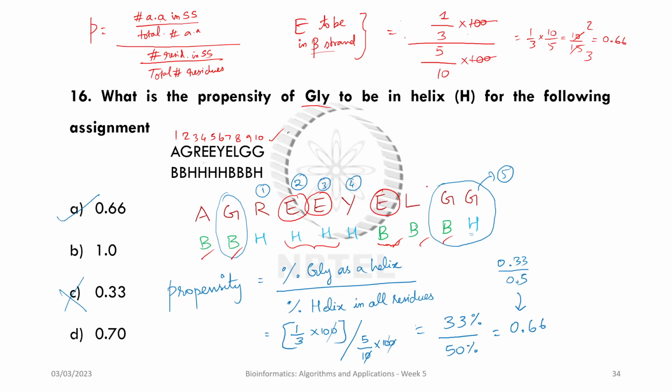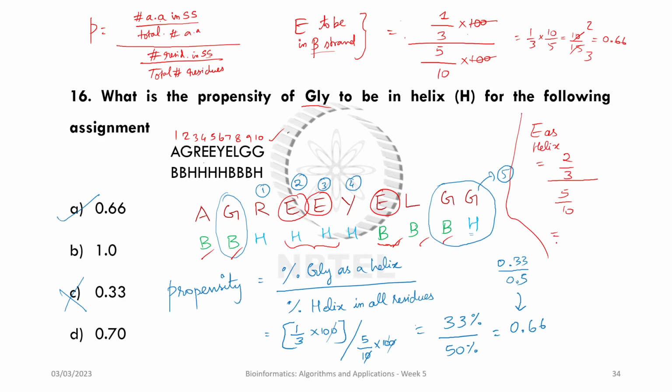Was that clear, Dilbamana? Or we could also do E as helix, which would be number of E is 3, helix is 2 by 3 all divided by 5 by 10.